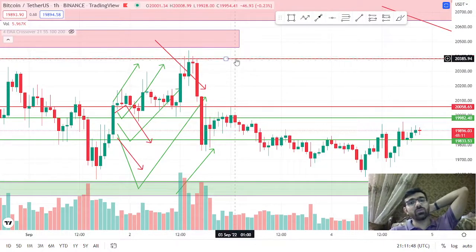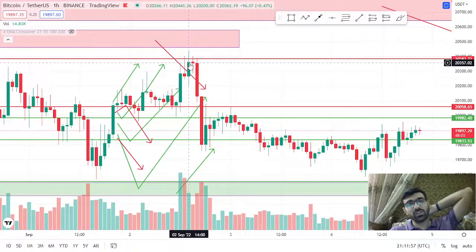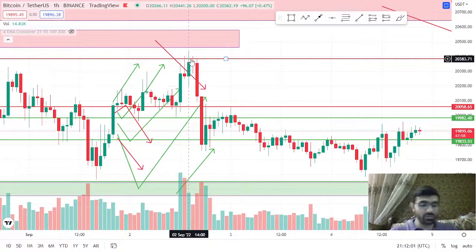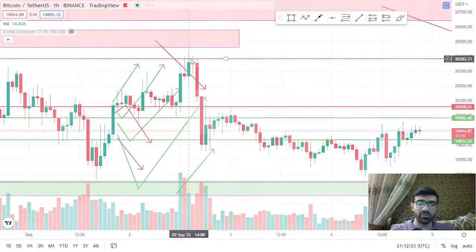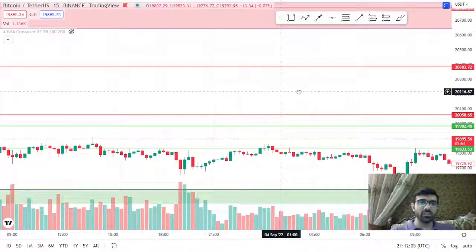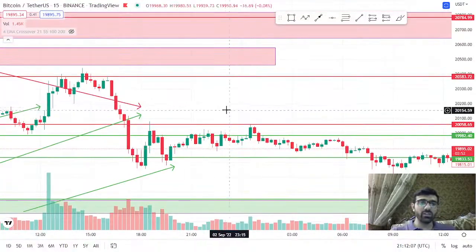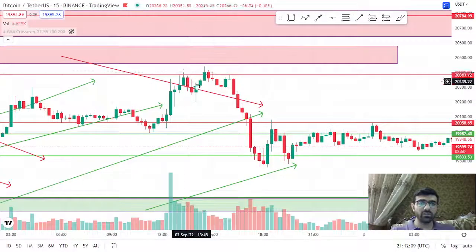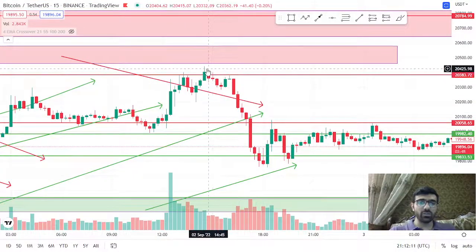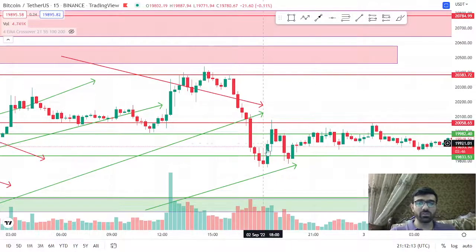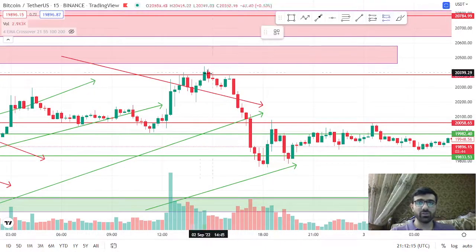We gave you this area of resistance, and if you guys were vigilant, then you guys could have gone short when this area was tested 3 times. This was the first area, this was the second area. Even if you guys would have opened the 15-minute chart, still you guys would have identified easily that this was a double top from here or even from here, then you guys could have easily made good profit.